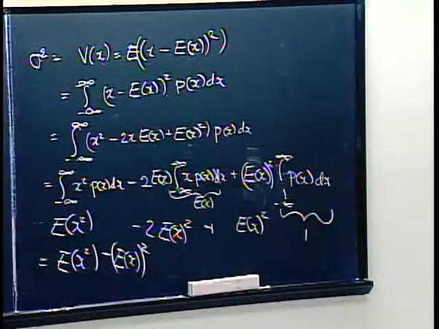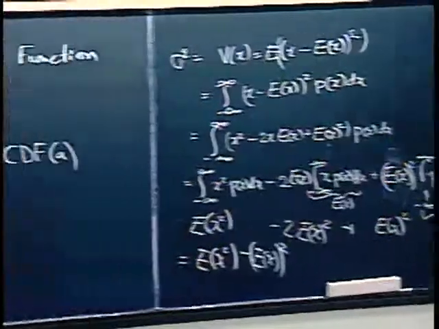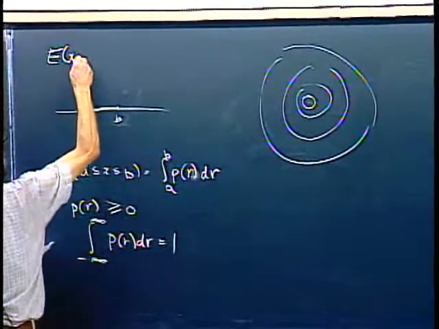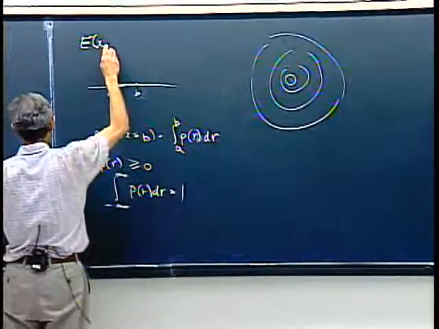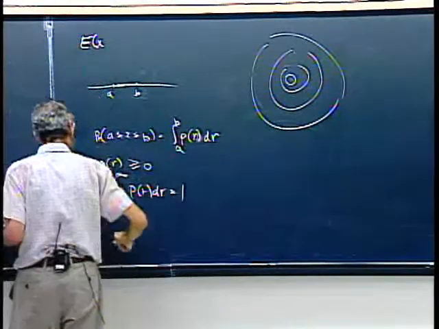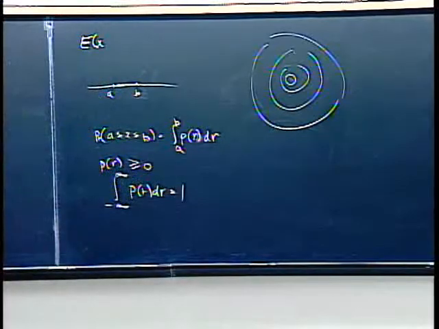Okay, so let's see. What did I want to do next? So I guess I want to show you that E of two functions. Did I write it f and g? No, I did. Yeah. E of, maybe I should start it on this board, though. Start from the beginning.